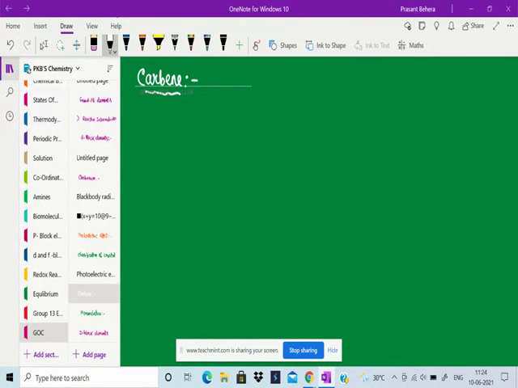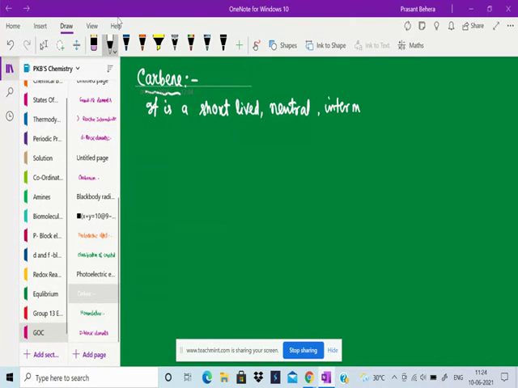It is a neutral, short-lived intermediate which has 6 electrons in its outermost shell.